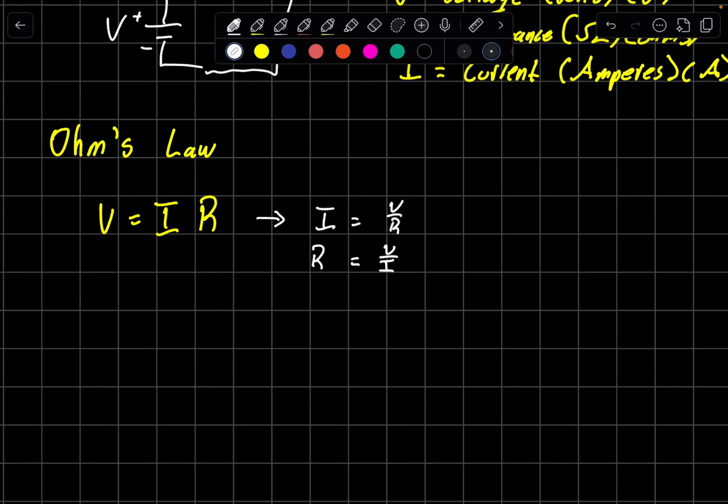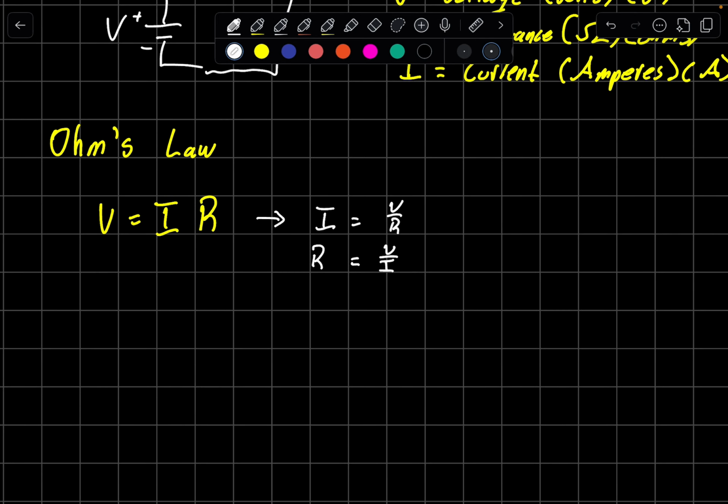So now let's talk about the other thing that goes through a circuit, which is power. Power is current times voltage, and it's measured in watts. There's a bunch of different formulas.